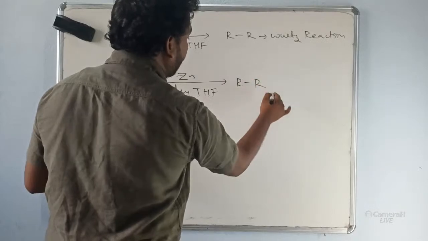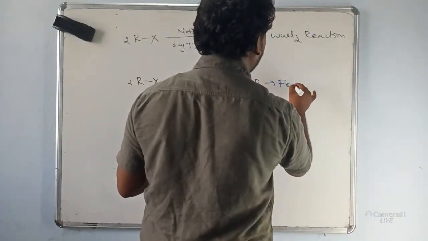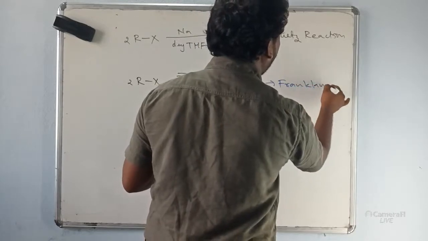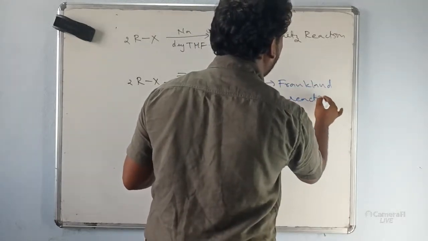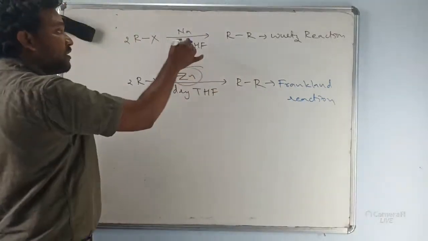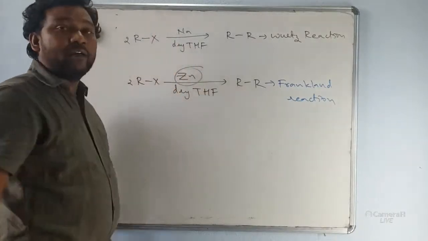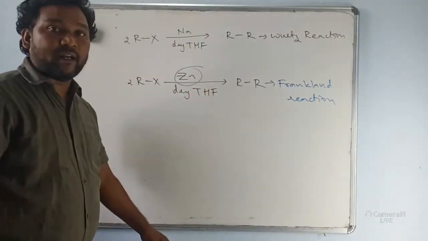Here also you will get the same product, a higher alkane. But this reaction is called the Frankland reaction. Remember, the difference from the Wurtz reaction is only the metal: here we use zinc, and there we use sodium.